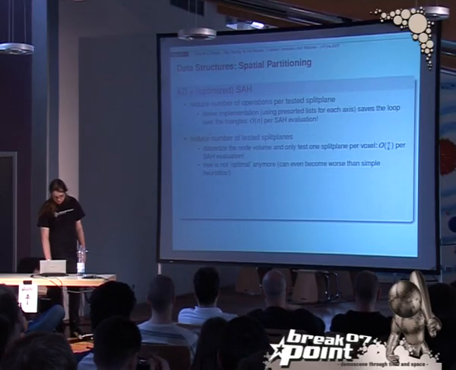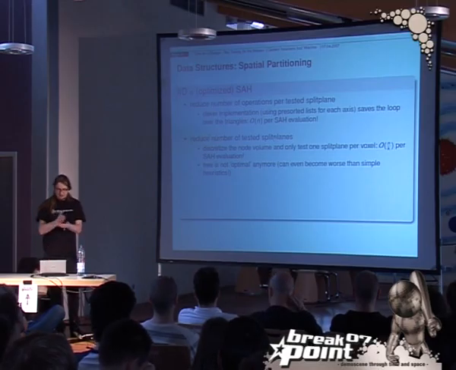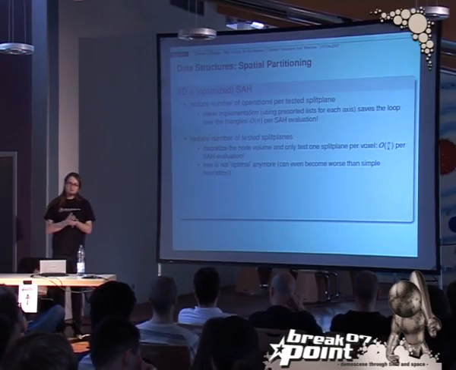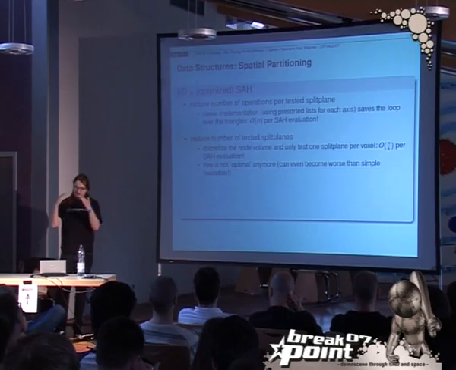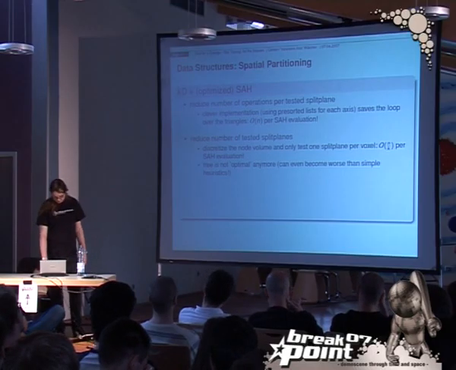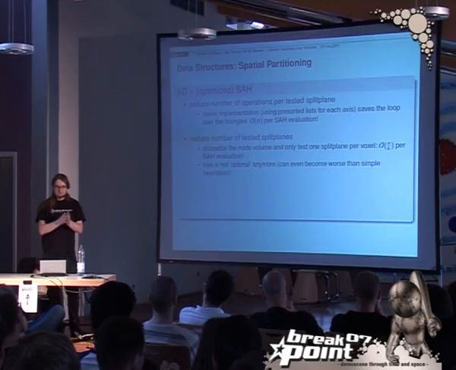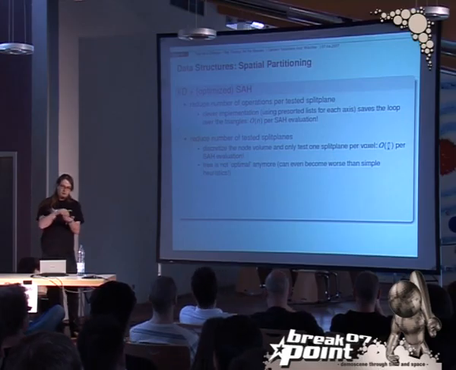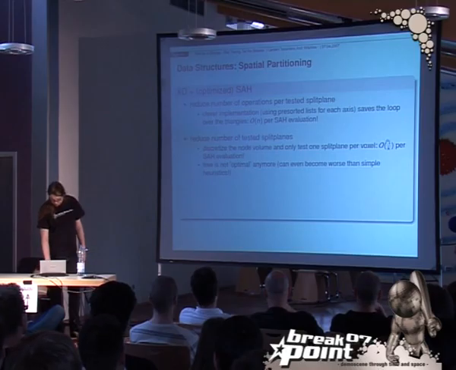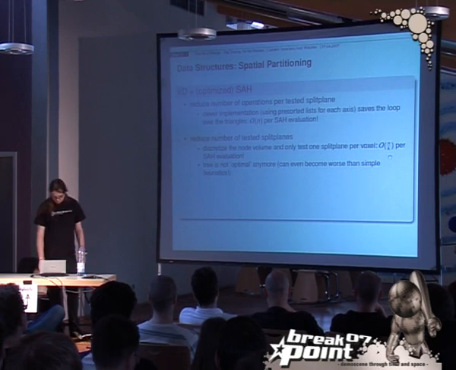So we must reduce the number of tested split planes, so we have fewer candidates on one axis. So we don't pick any vertex or any voxel intersection. We just discretize the whole volume and pick one candidate from each cell. And then you get a complexity of n through k, if k is the number of discretizations we use.